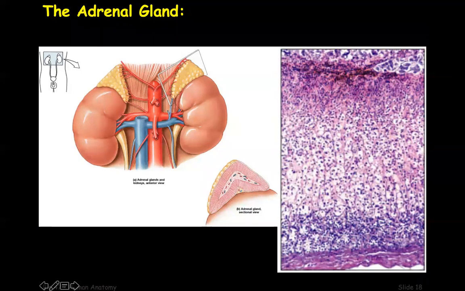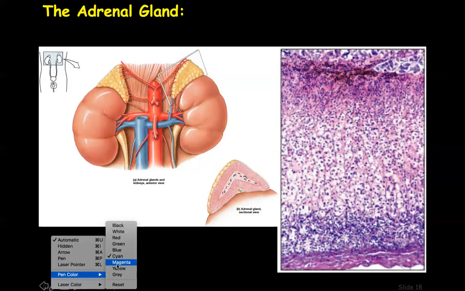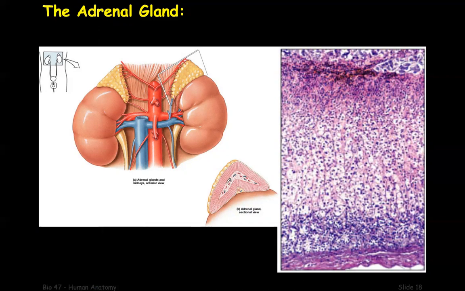There's an outer cortex. Let me see if I can grab that outer cortex. So the outer cortex is this layer right here, and this layer right here. And then there's an inner medulla.